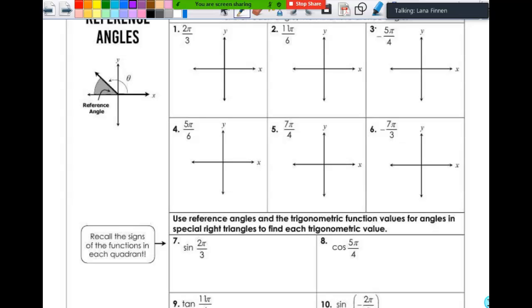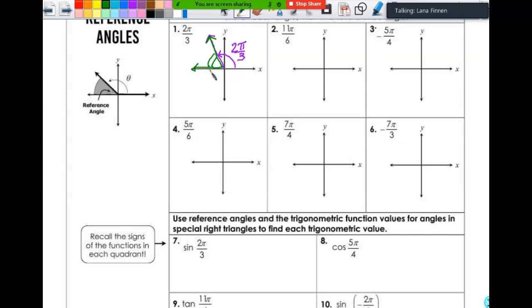So if we look at number 1, 2 pi thirds, what quadrant is that angle in? The second, very good, because this would be 3 pi thirds, then we back up, so it's in the second quadrant, it's right about there. So this is 2 pi thirds. Then my reference angle, always acute, always positive, always the shortest way back to the x-axis.